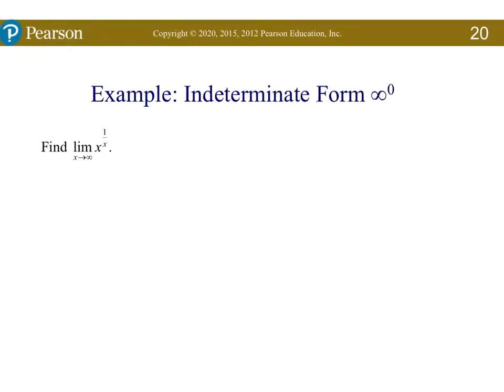Again, another power indeterminate form. If I plug infinity into that, I'll get infinity to the 1 over infinity, and then 1 over infinity is 0. So again, I have an indeterminate form in the power form. So I need to apply a logarithm.